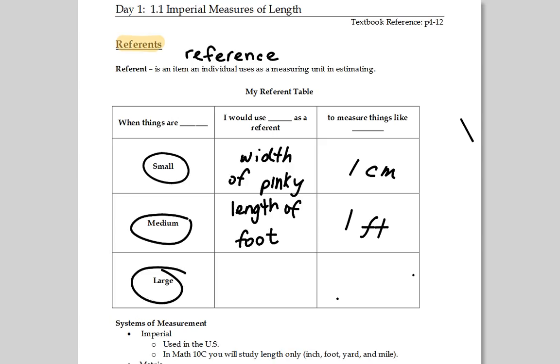Now if I want to measure something large, maybe I'll use the length of my pace, or my stride, or my walk, whatever you want to call it. What do you think that would be, roughly? What's pretty common that we all use? Yeah, good, 1 meter.